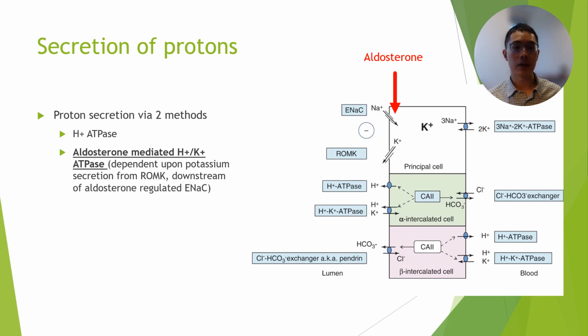So we can see here that in states of high aldosterone, there is increased sodium reabsorption, which then increases potassium secretion via the ROMK. The extra potassium then stimulates the H+K+ ATPase in the alpha intercalated cell to secrete protons, helping to eliminate extra acid from the body.